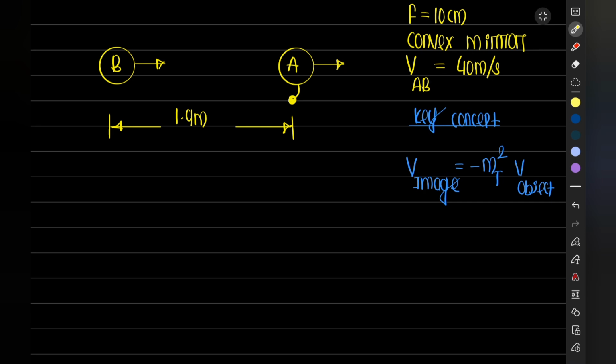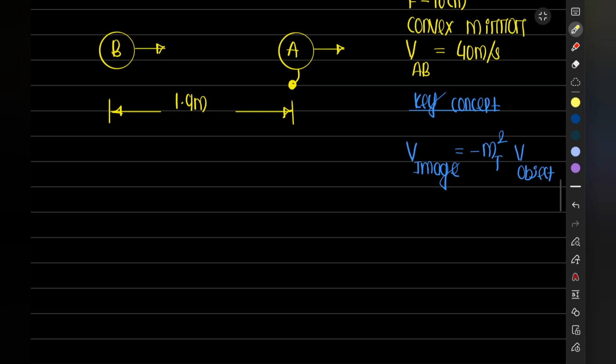The one thing I will need is the transverse magnification. For finding it, you can first use the mirror formula, 1 by f is equal to 1 by v plus 1 by u. With the help of this formula, you can find the image distance, and once you have the image distance, you can find the transverse magnification. So let's try to do this.